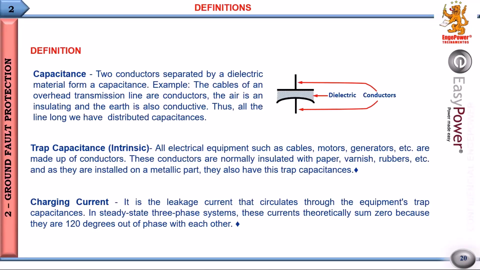In English, normally it is known as stray capacitance. That means it is an intrinsic capacitance, because it is born with the equipment.